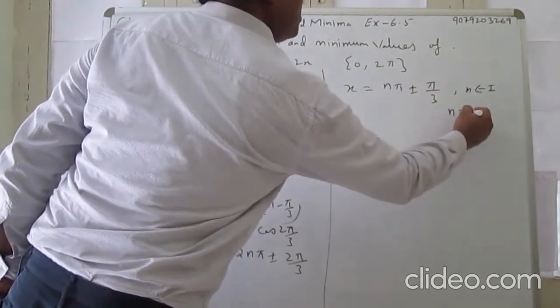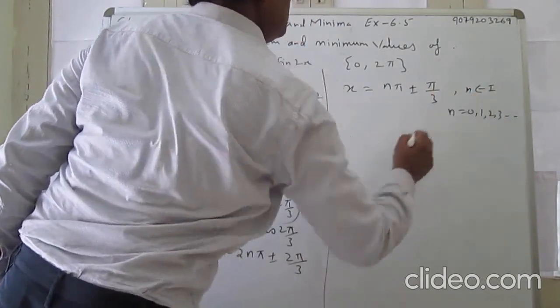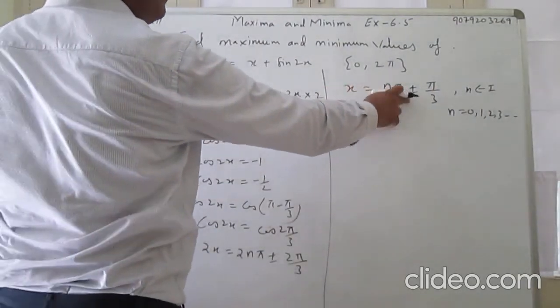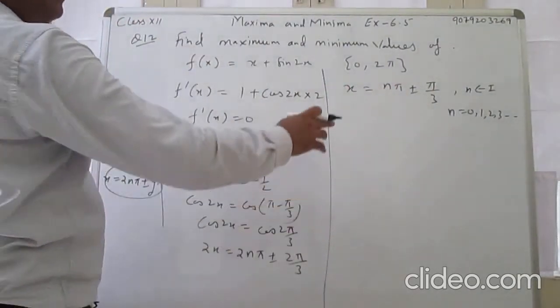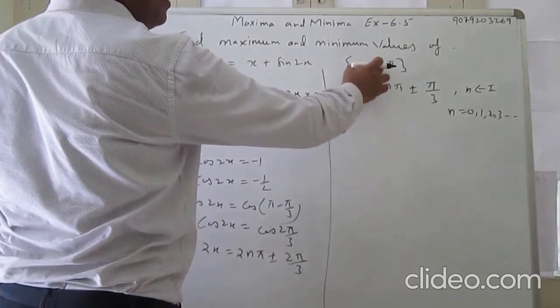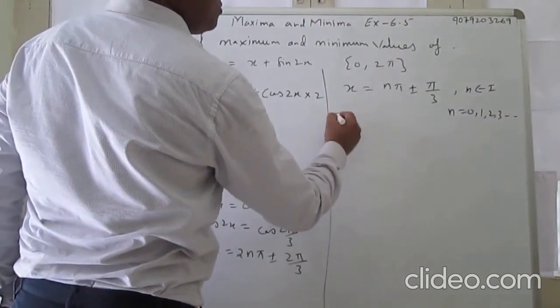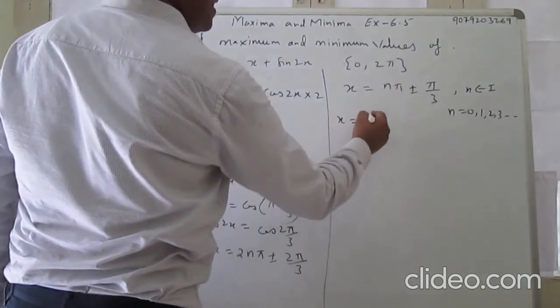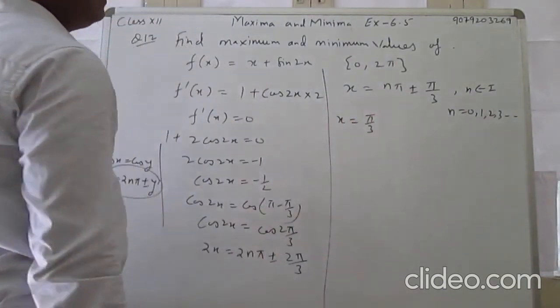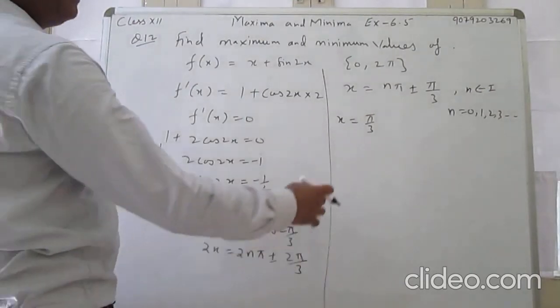You can take n = 0, 1, 2, 3. Once we take plus and once minus. Negative values we don't take because the interval is 0 to 2π. So if I take n = 0, then x becomes π/3.